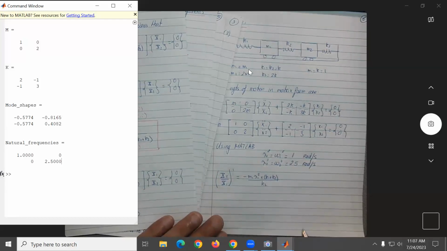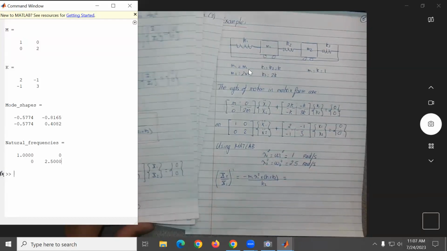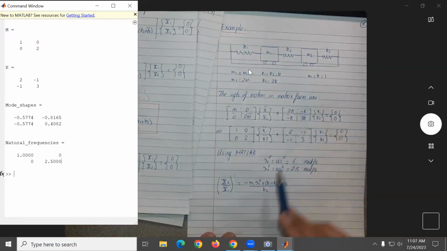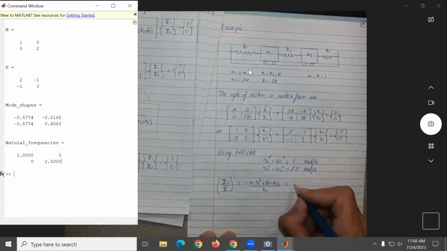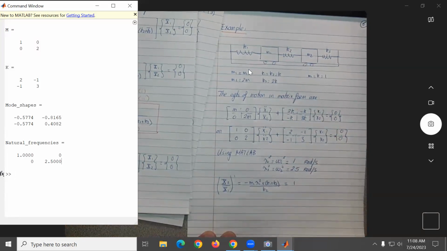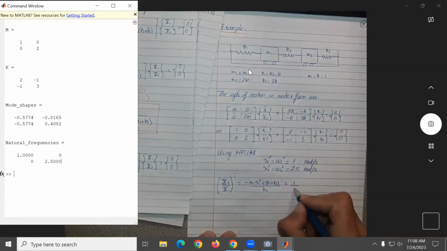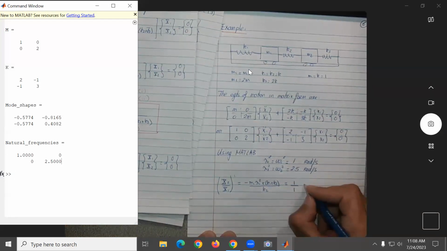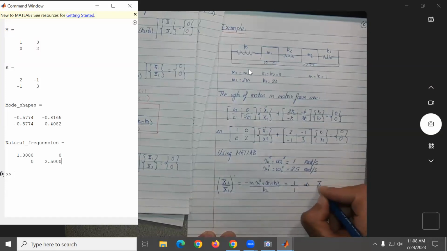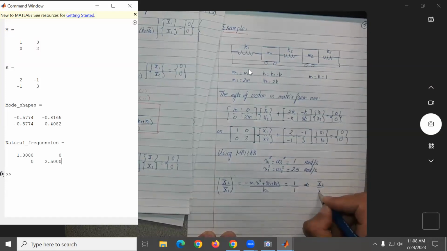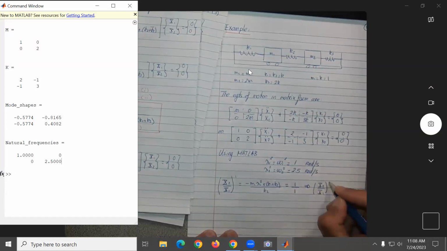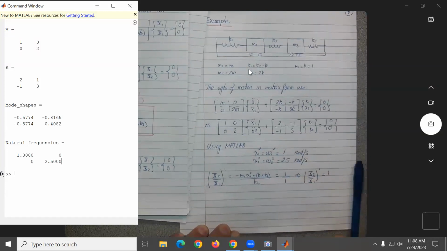Since m1 is equal to 1, lambda 1 is equal to 1, k1 is equal to 1 and k2 is equal to 1, this gives minus 1 plus 1 plus 1, which gives 1, and k2 is 1. So as we were expecting, at that natural frequency, x2 over x1 for the first mode is equal to 1.